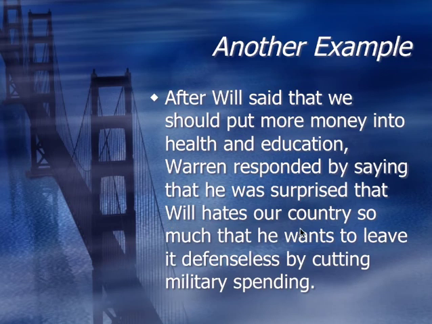By twisting this argument, Warren starts to incite people by saying, well, clearly this person hates our country. He wants to leave our country defenseless. That is not at all what he said. And instead of Warren proposing his own reasons why we should or should not put more money into health and education, he twists the argument and then uses that.